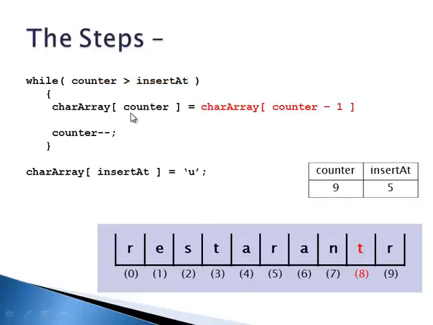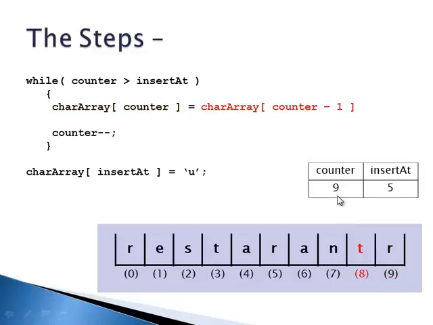We're going to assign from the character array at counter minus 1. Now the counter is 9, so this is the character array element at index 8. We're going to take that letter and assign it to the character array at 9, which is the counter itself. So let's back up.